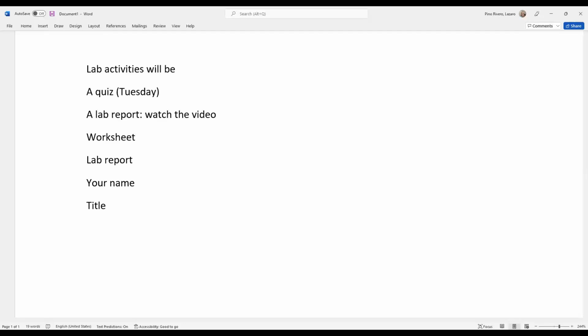Later, you will write the purpose. The purpose of the experiment during this week was making measurements of mass, volume, temperature, and length. That's the purpose. What are the goals?